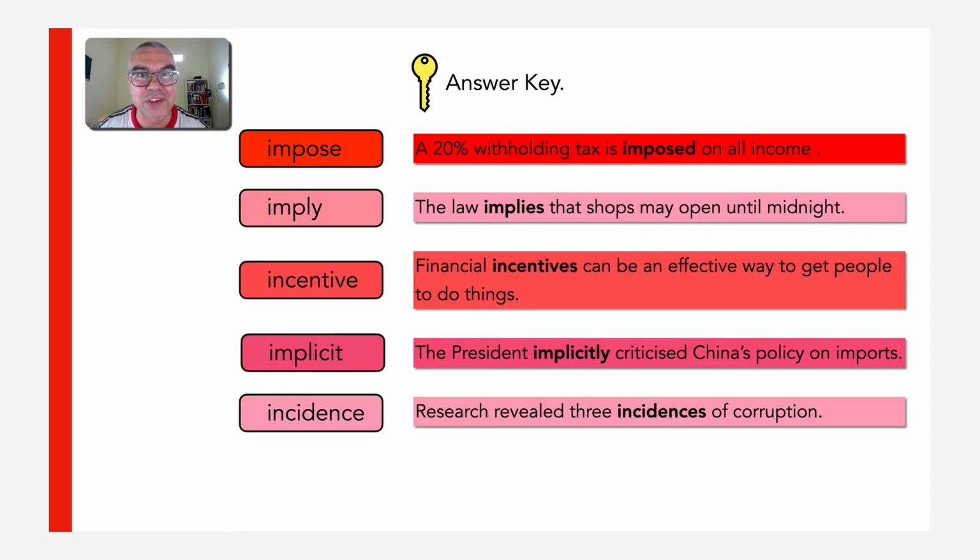Research reveals 3 incidences of corruption. Just a quick explanation of maybe some difficult words. Implicit means not directly stated, and incidence means example.